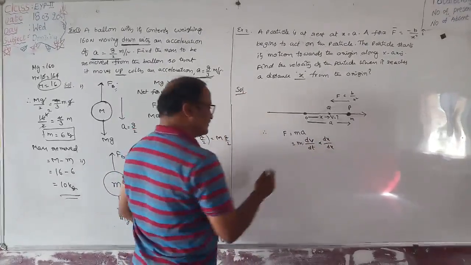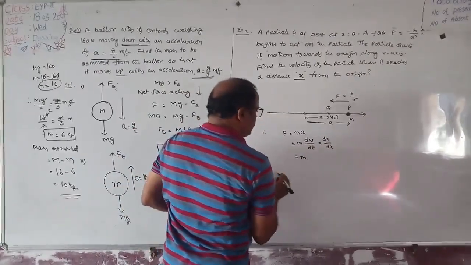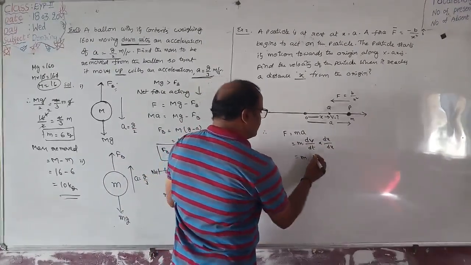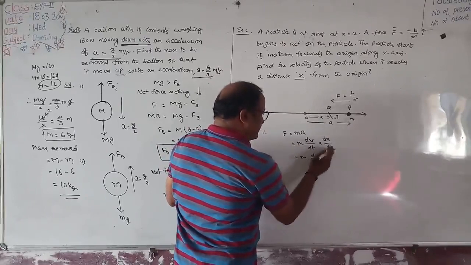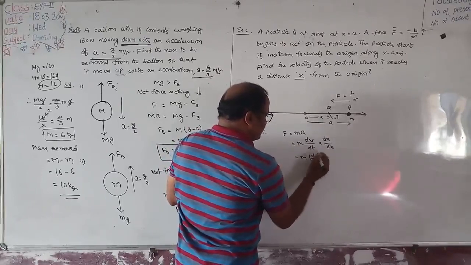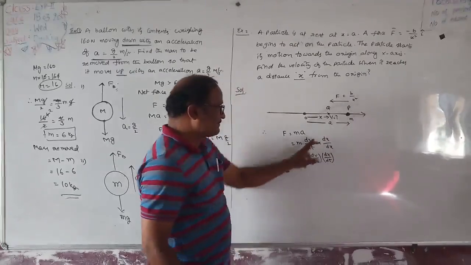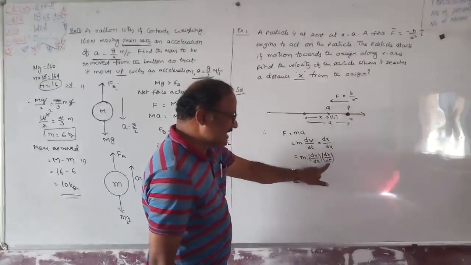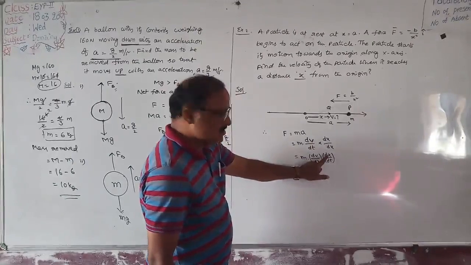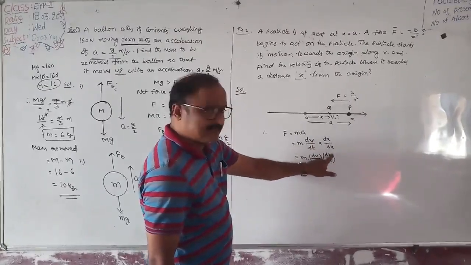For our convenience, that is equal to m into dv by dx into dx by dt. What is the value of dx by dt? x is the displacement. Rate of change in displacement is called velocity.